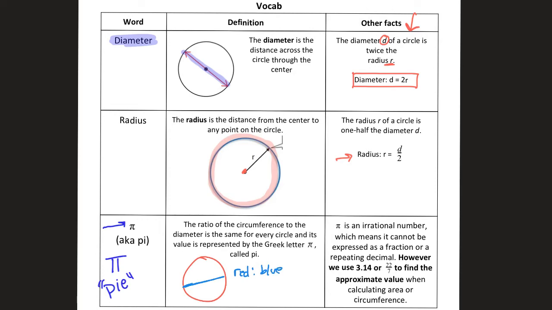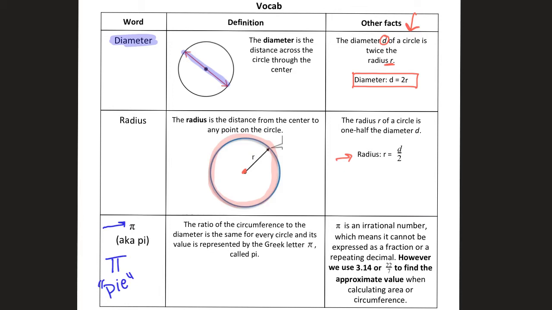Okay, so when I take the circumference divided by the diameter, you get what's called an irrational number, which just means it's a number that repeats forever. Okay, it goes on and on and on. So when we approximate it, since it goes on forever, I can't write that.